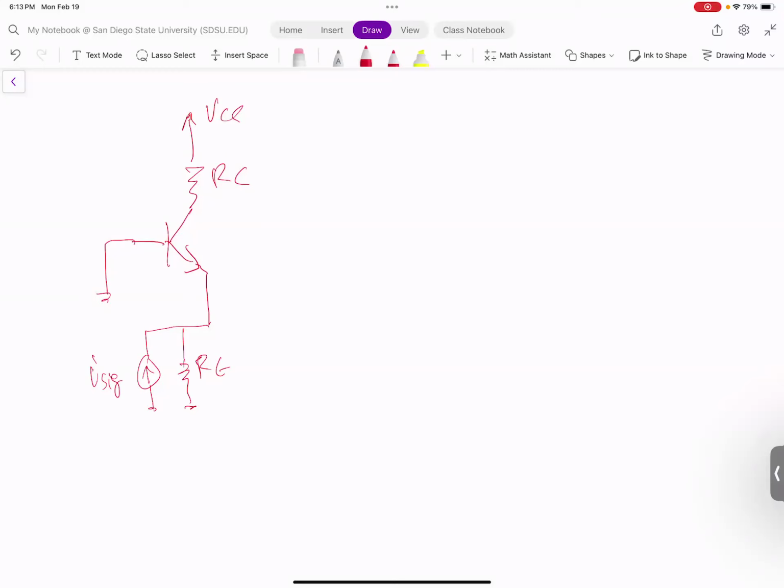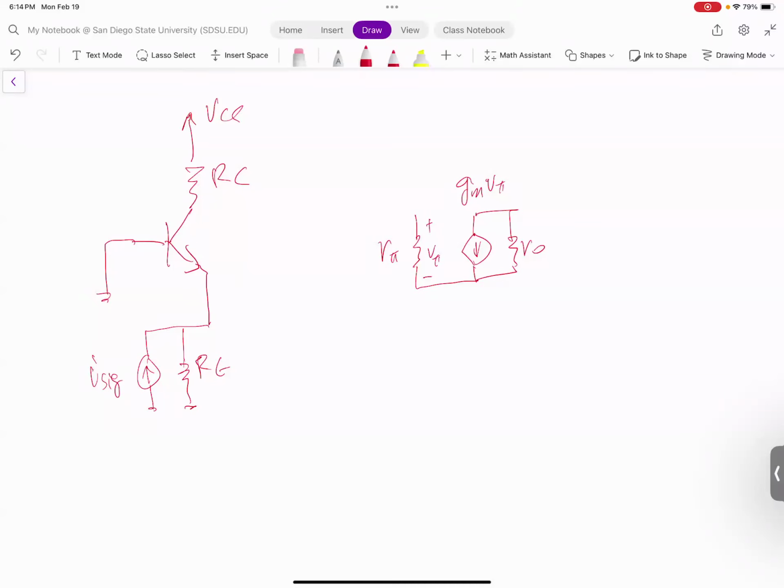With the BJT, the complexity comes from this R pi. If you draw the equivalent circuit, this is R pi, this is RO, and this is GM times V pi. The V pi is here.